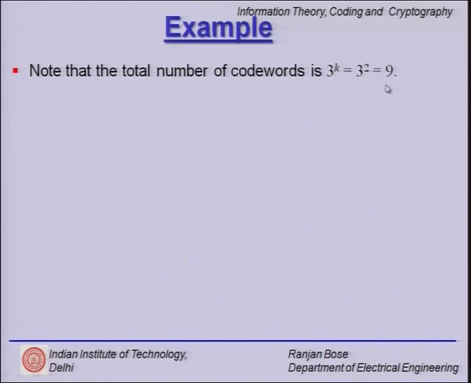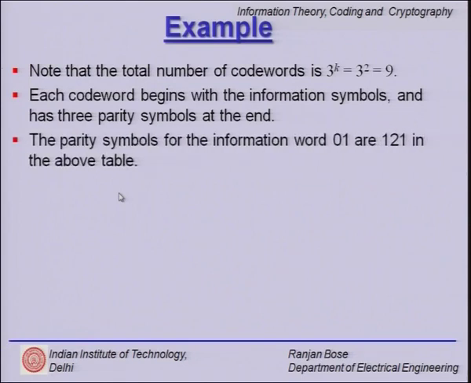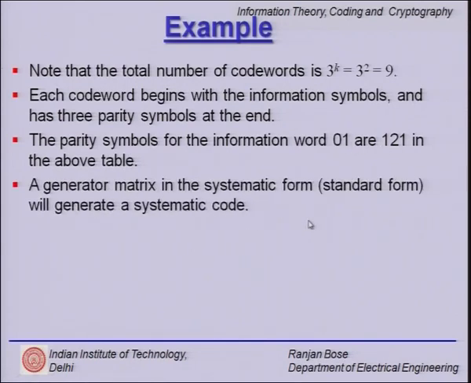So, 3 squared is 9, and each code word, as we observed, begins with the information symbol and has 3 parity symbols at the end. And a simple example was the information word 01 has parity 121, making it the code word 01121. And clearly a generator matrix in the systematic form, which is also called the standard form, will generate a systematic code.